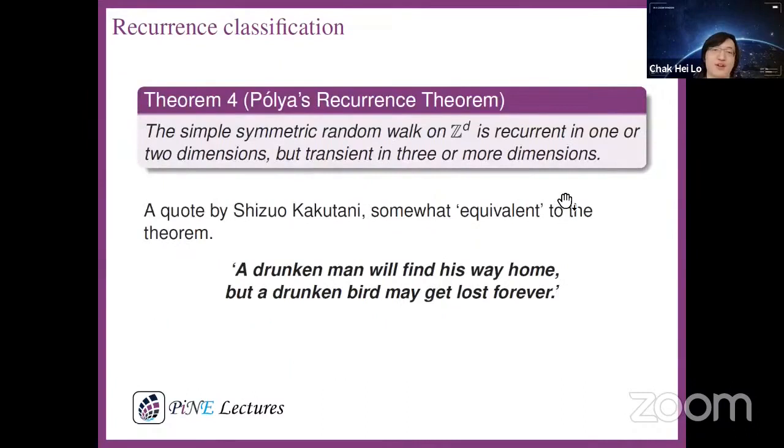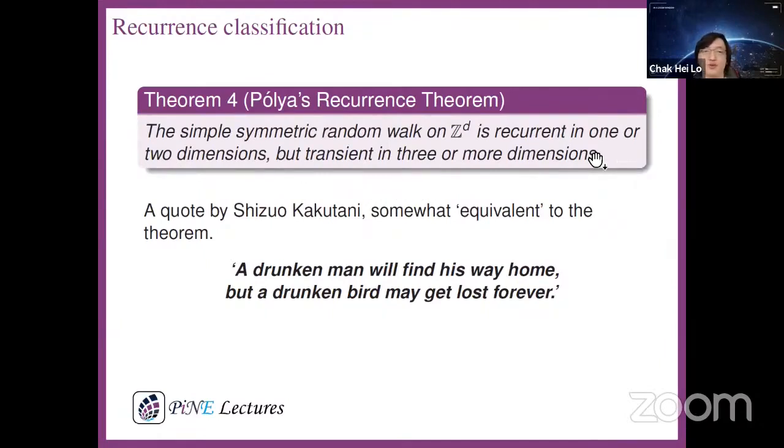Okay, so there's a famous theorem on simple symmetric random walk called Polya's recurrence theorem. It says that the simple symmetric random walk on Z^d is recurrent in 1 or 2 dimensions, but it is transient in 3 or more dimensions.